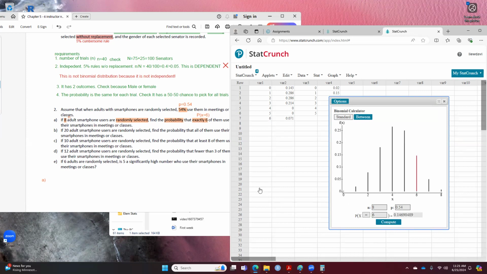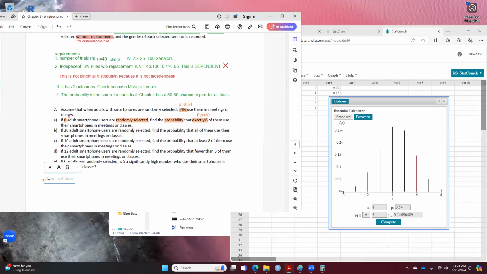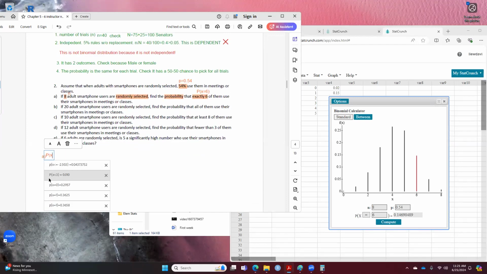So how do you write your answer, class? Just write down the very last sentence in your StatCrunch. You see the StatCrunch here? So the very end here, the very last sentence, just write the whole thing in there to get full points. Do not give it to me as 0.147 or 0.1469. In your test, you won't get full points in this case.